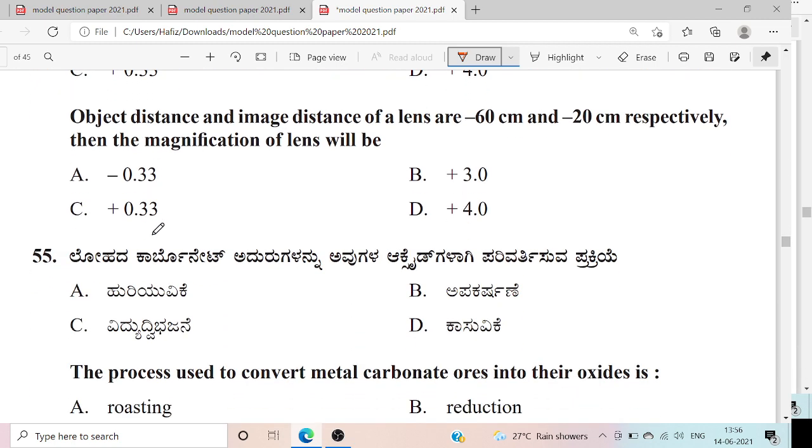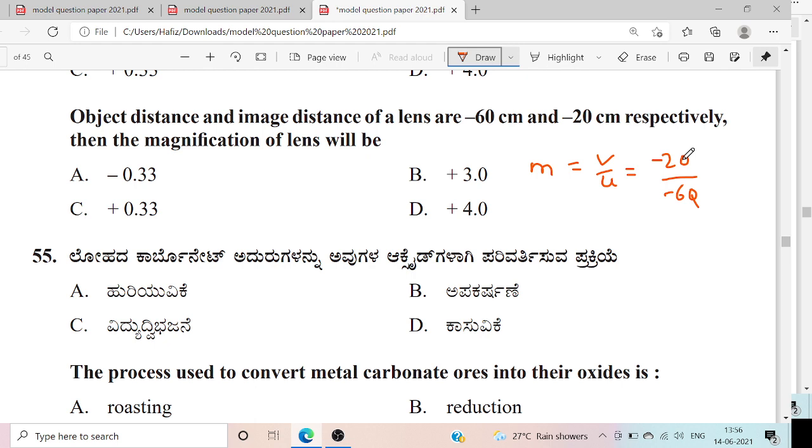Next question, you could see here, object distance and image distance of a lens are -60 and -20 centimeter respectively. The magnification of the lens will be, yes, magnification by the lens is given by m = v/u, where v is the image distance, that is -20, and u is the object distance, that is -60.